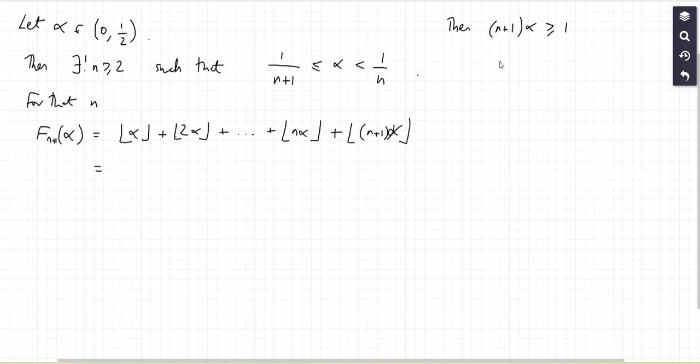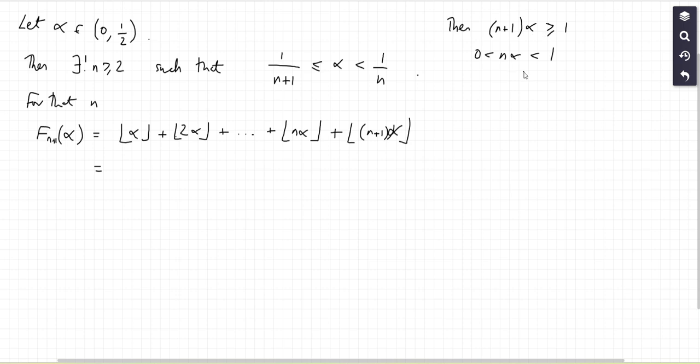And we know that n alpha is less than 1. And of course, alpha is positive, n is positive, so this is greater than 0.